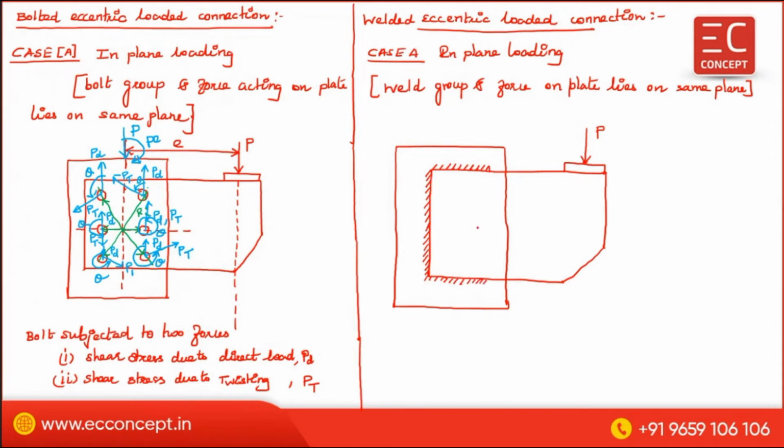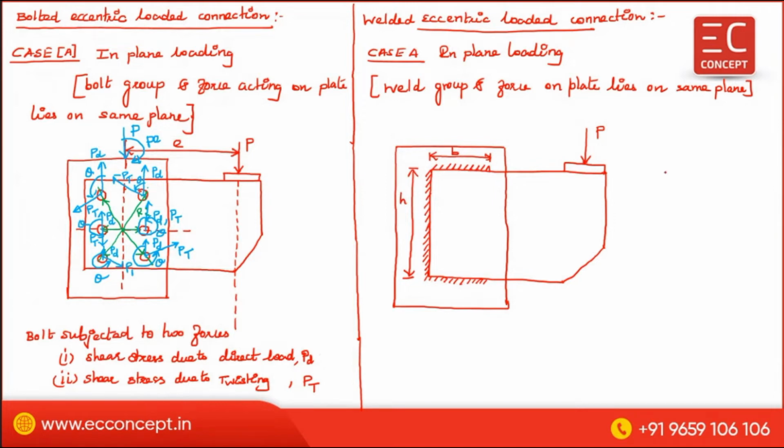Now see, from here to here we can take it as the breadth B. This length you can take as the height, the depth of the weld. This is also B.